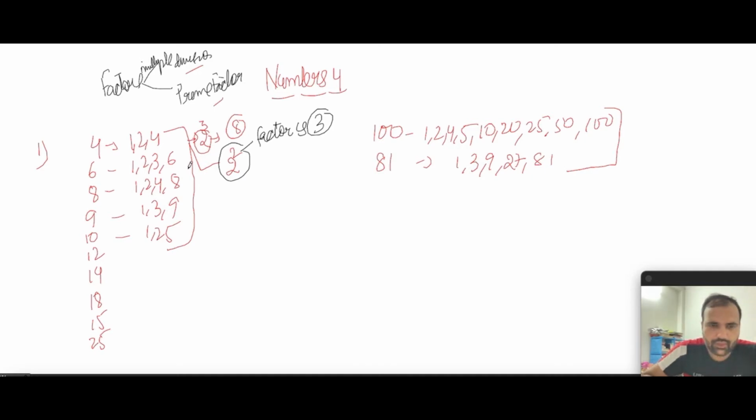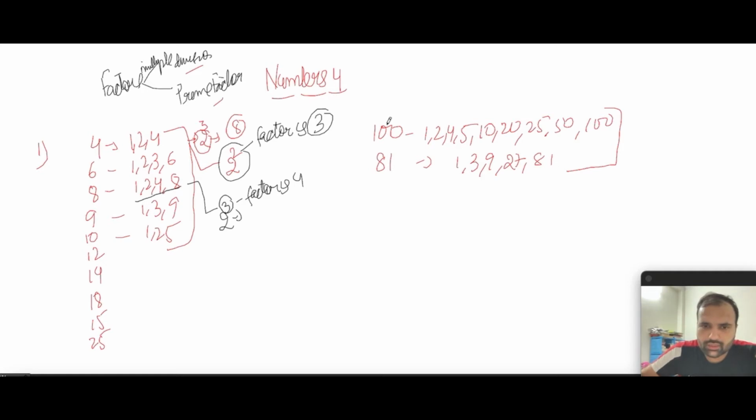The same thing we can try for 8. 8 has 4 factors. If we write 8 as 2 to the power 3, the power is 3, but the number of factors is 4.